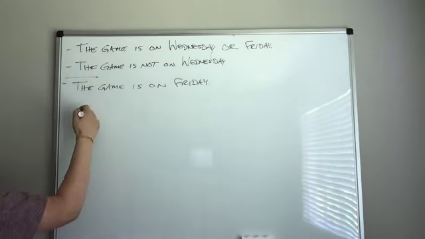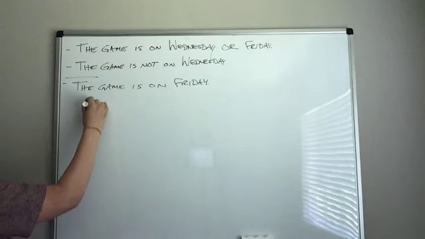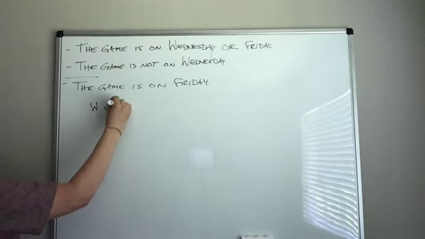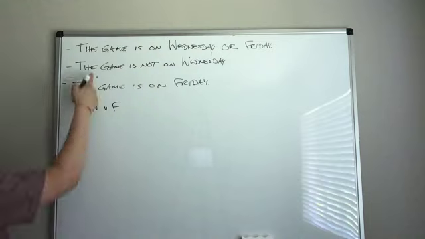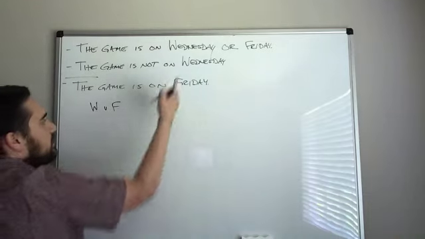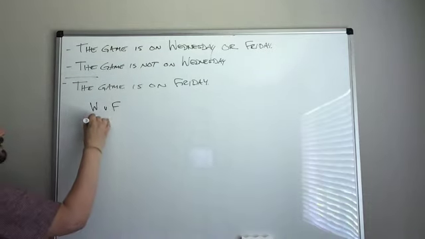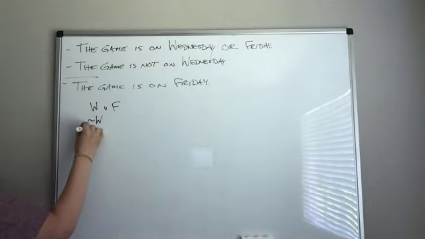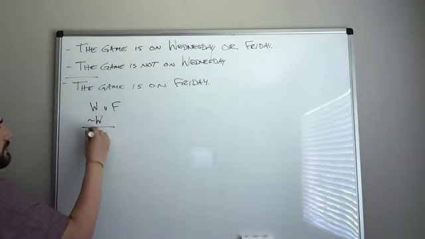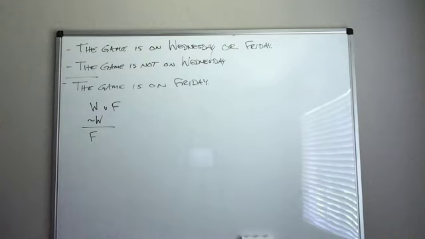And so in our first sentence we have the game is on Wednesday or the game is on Friday. Second sentence tells us the game is not on Wednesday, so we negate W. Therefore, the game is on Friday. All right, so hopefully that's straightforward enough.